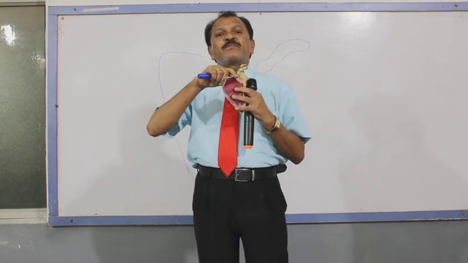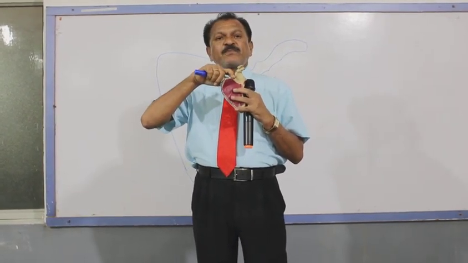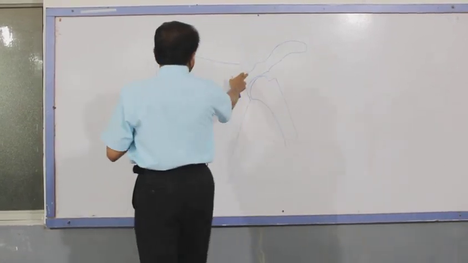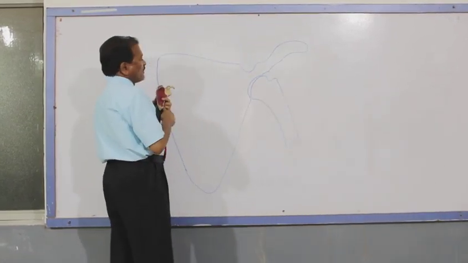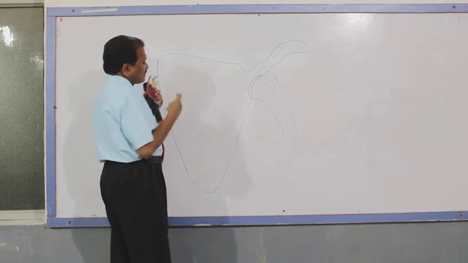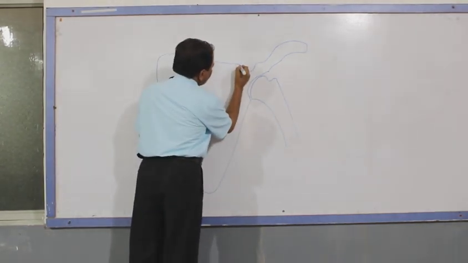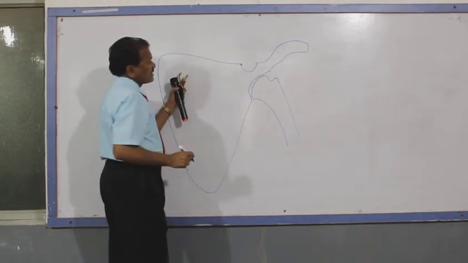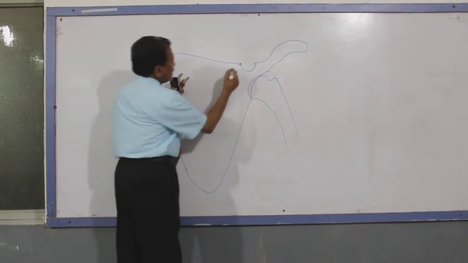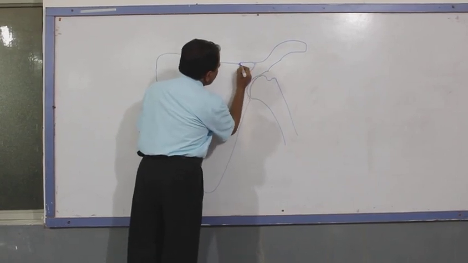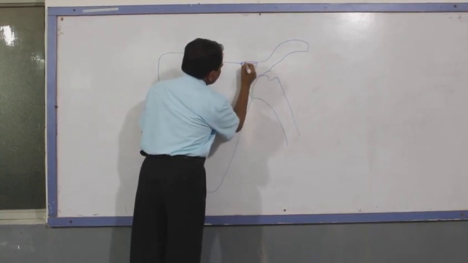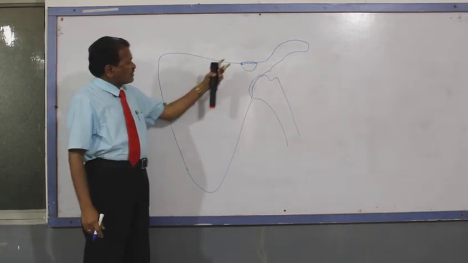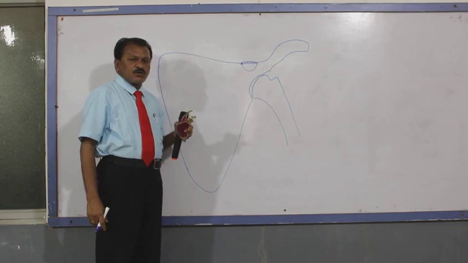This suprascapular notch is converted into the suprascapular foramen by the transverse ligament of the scapula. The transverse ligament of the scapula has two ends.